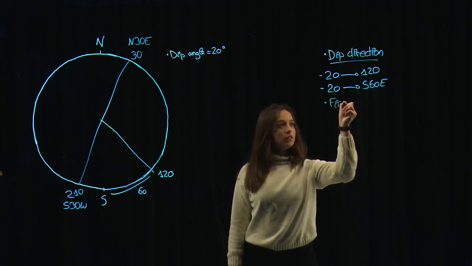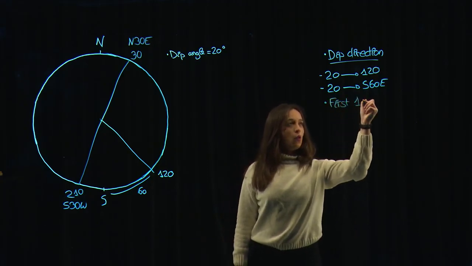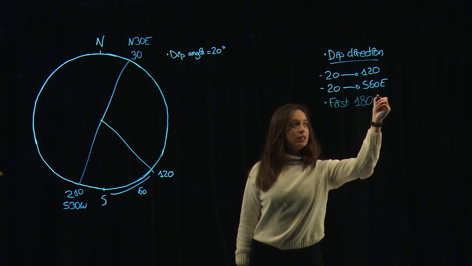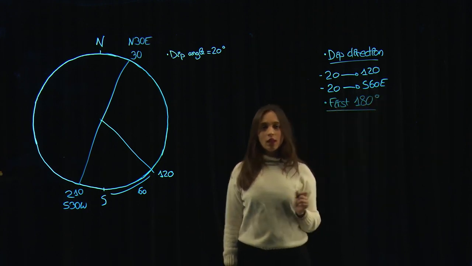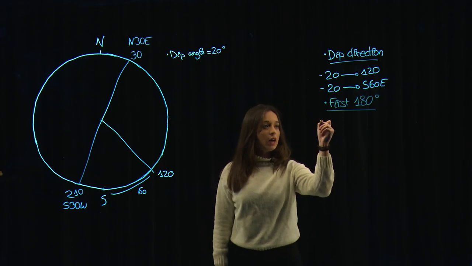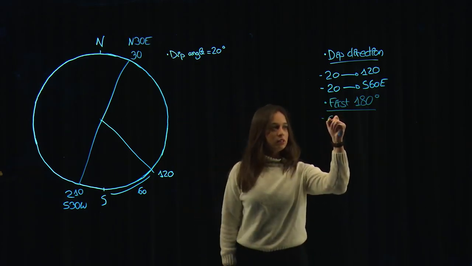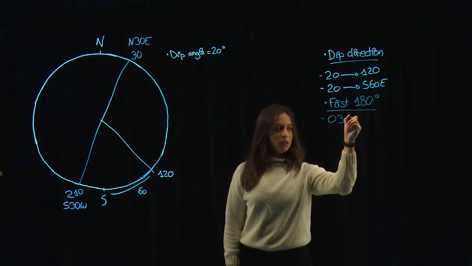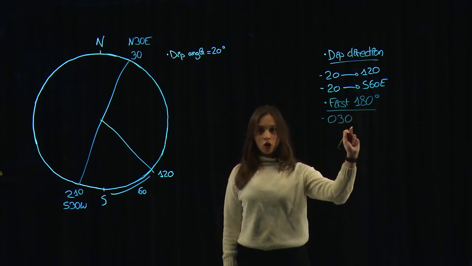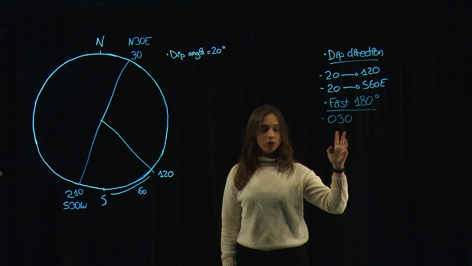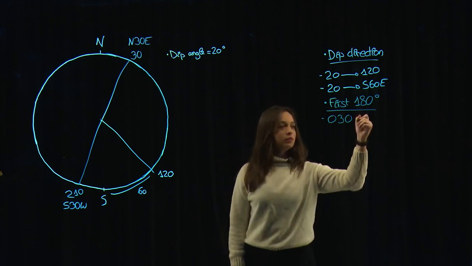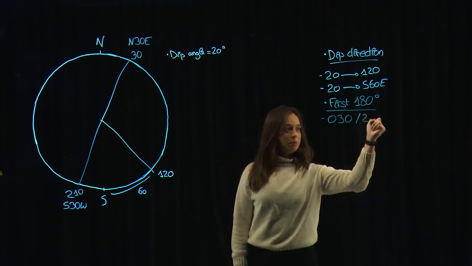So we are going to call this notation first 180 degrees. In this case, we write down first the strike. And remember to always write 3 different numbers. And then the dip.